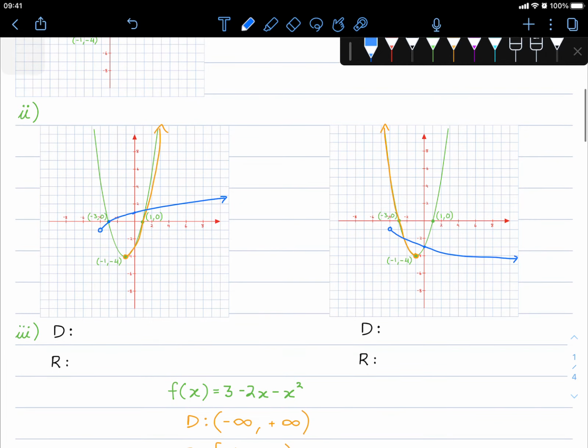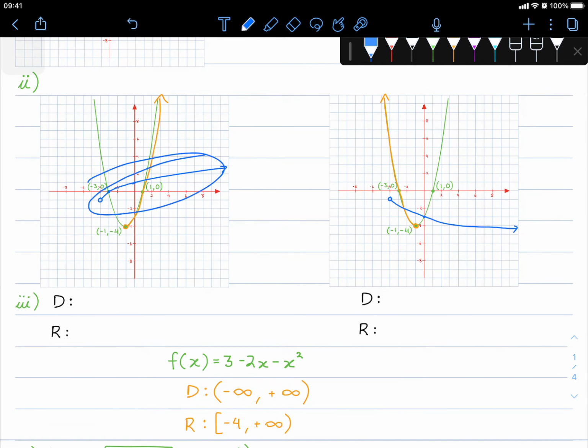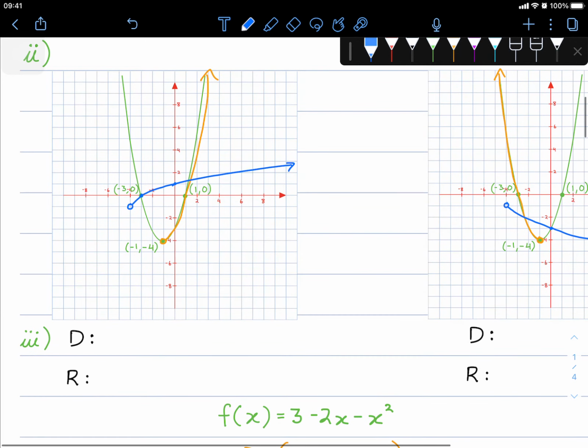Now that we have that, let's write down the domain and range of each of these inverse functions. So here we go. Well, the domain of this inverse, its x value here is -4. But since it's open, we do not include -4. So open bracket, -4, up until, and as you can see, it extends infinitely to the right.